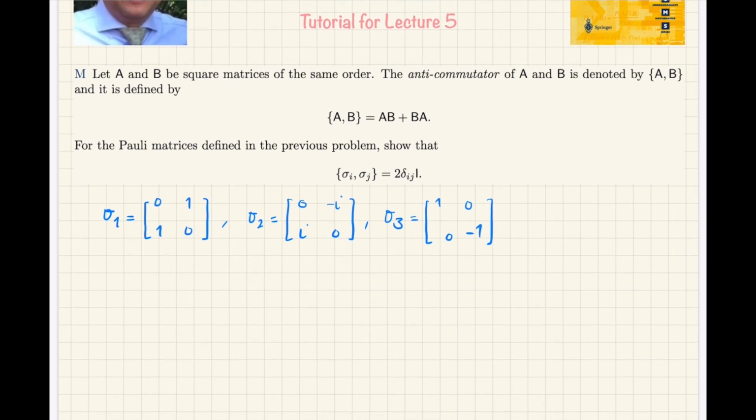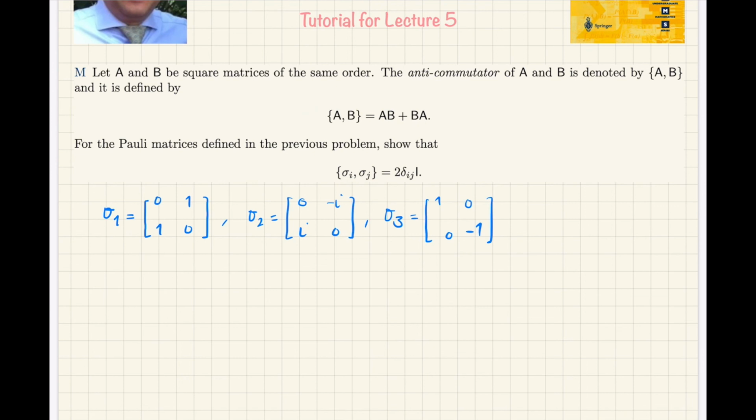So if I want to show this, again, in principle, I should consider 9 cases, but in the case of the anti-commutator, it's clearly the case that the anti-commutator of A and B and the anti-commutator of B and A are exactly the same because we have here the addition of them. So in principle, I only need to consider 6 cases.